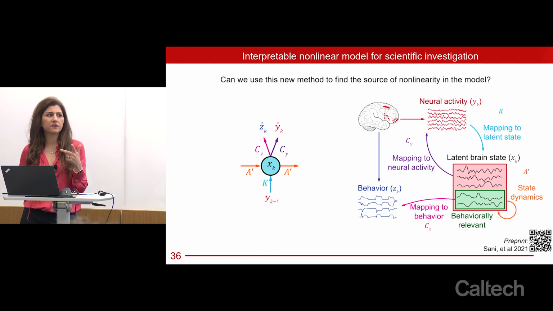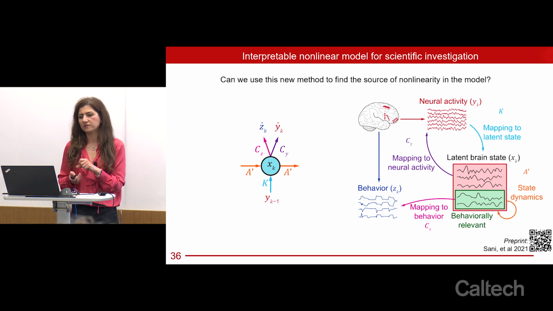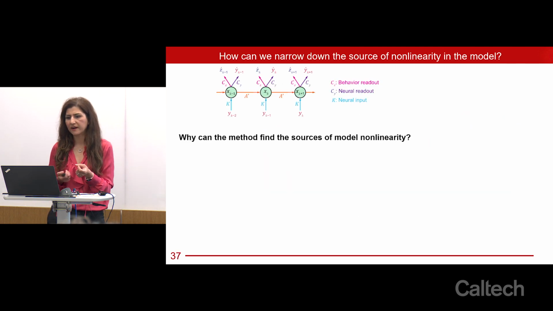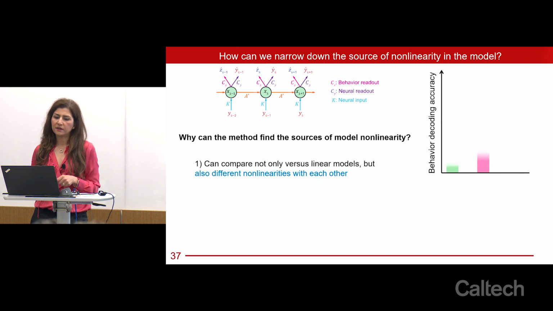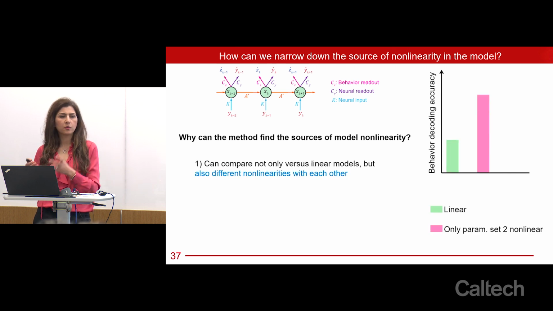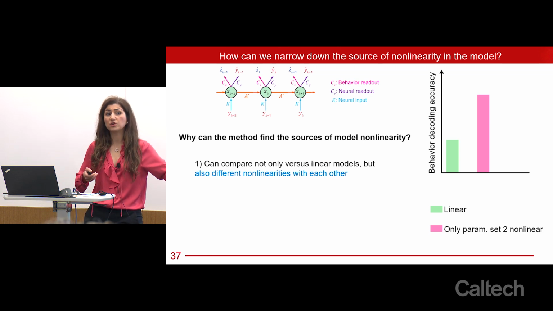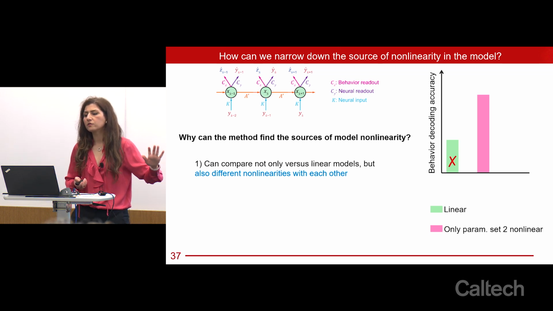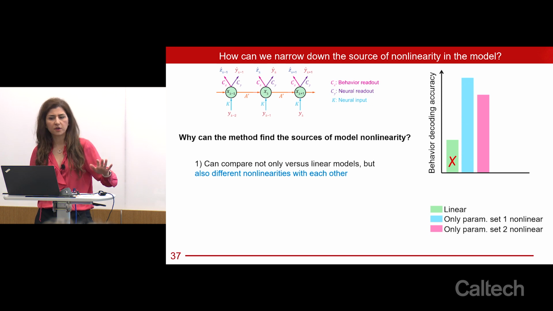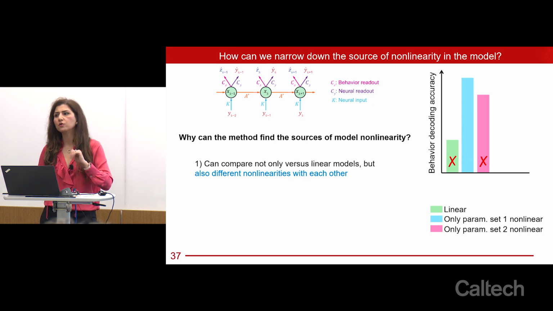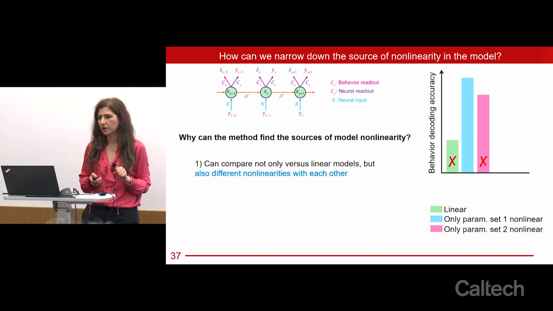There are two properties this method has that make it suitable for this sort of hypothesis testing about the source of nonlinearity. The first is that it allows you to compare one source of nonlinearity not just with a linear model, which is not sufficient, but also with alternative sources of nonlinearity so that you can rule out incorrect nonlinear sources.